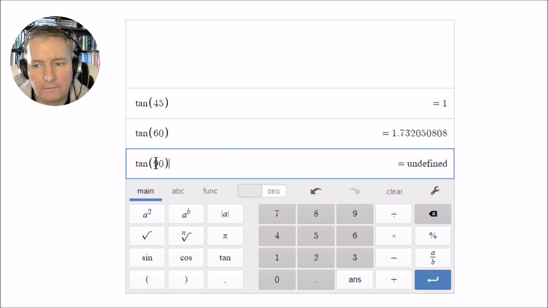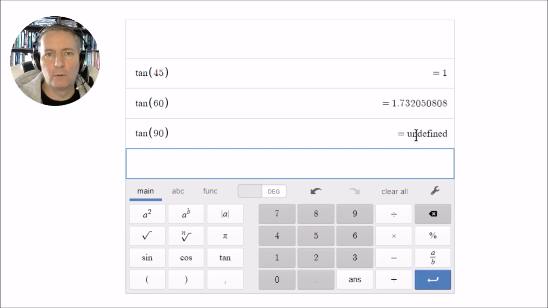Now we can think about what this is going to look like. You can see the answer here is undefined, or you could also say it's infinity. Because at 90 degrees, we're saying the ratio of the y to the x, well, the y is going to be a height of, say, 1, but the x distance is going to be 0.